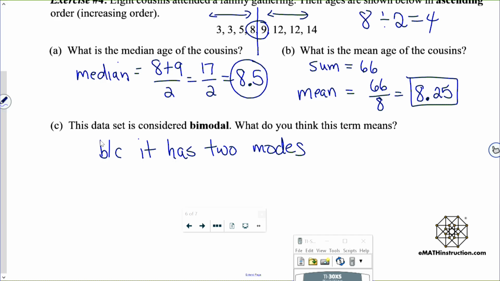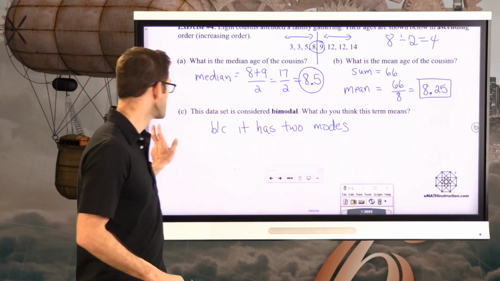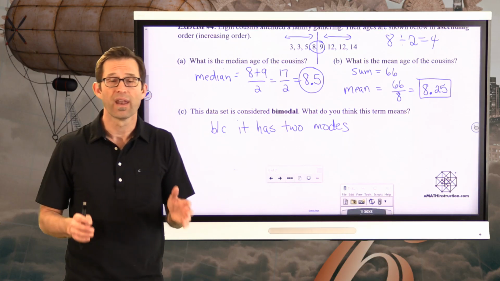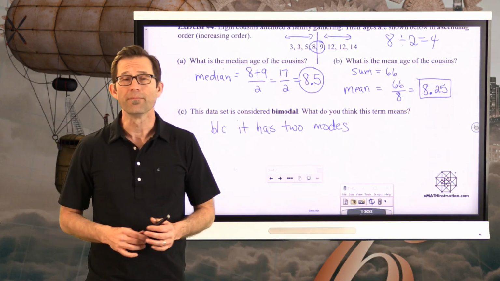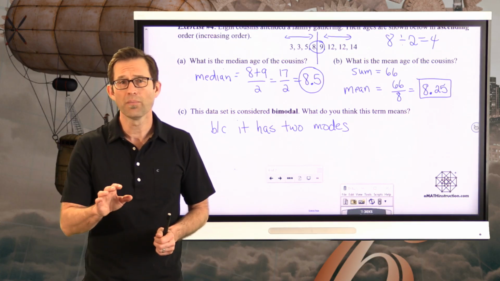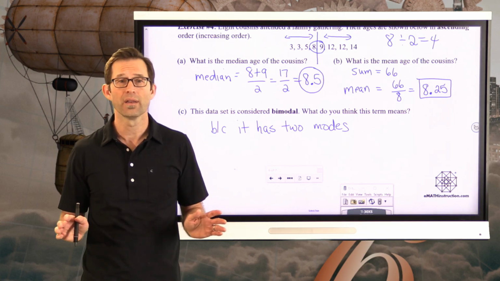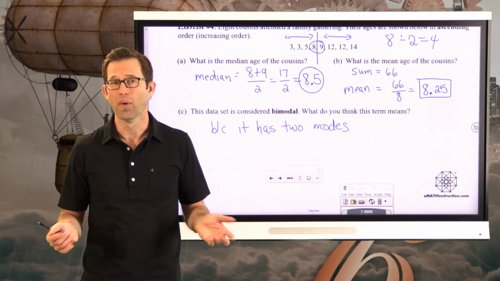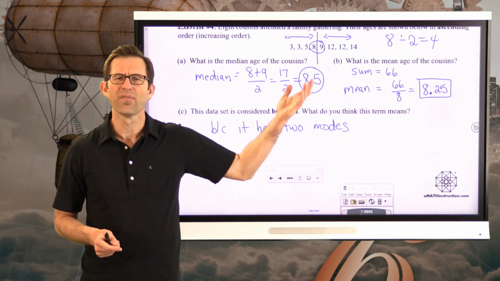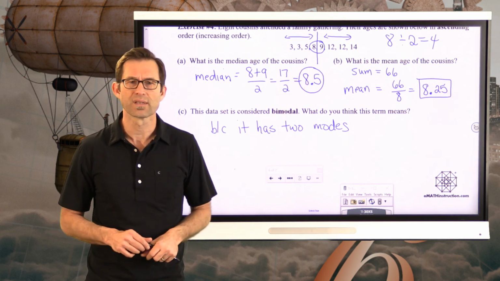And that is extremely common. You could certainly even have a data set that is trimodal, a data set that has 3 modes. Quite frankly, if you get to a point where all the data points, none of them show up more than any of the other ones, right? Then we just say that the data set has no mode. And again, in this case, the mode really doesn't make a lot of sense, all right?